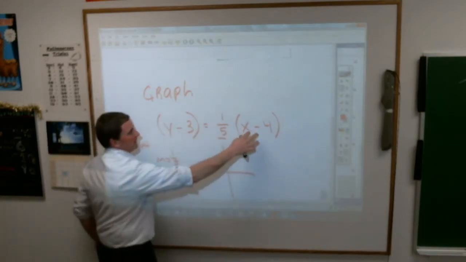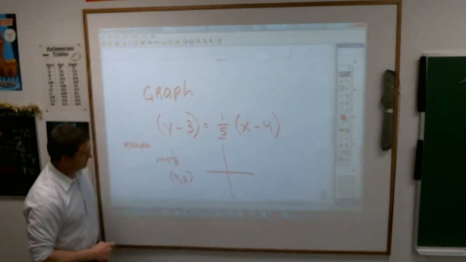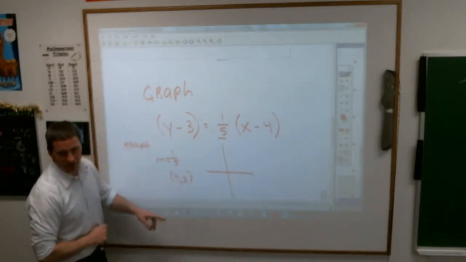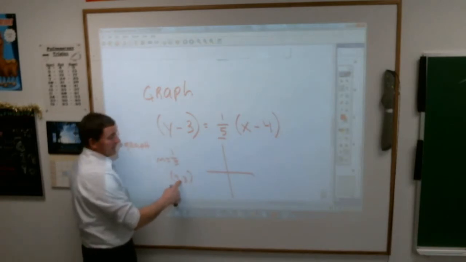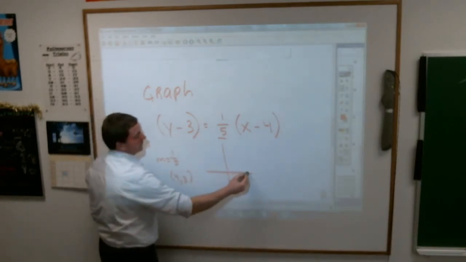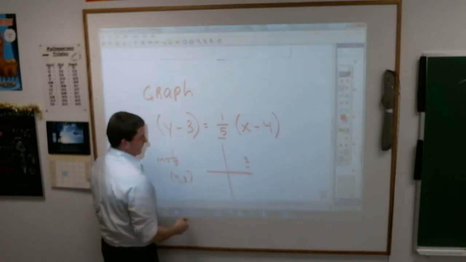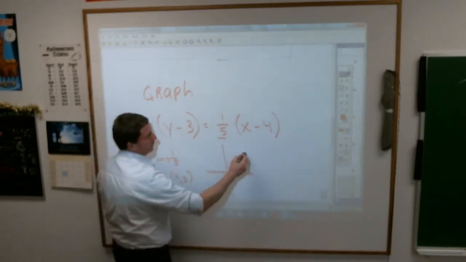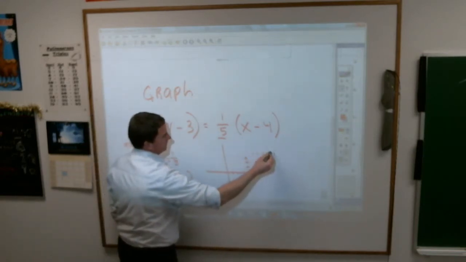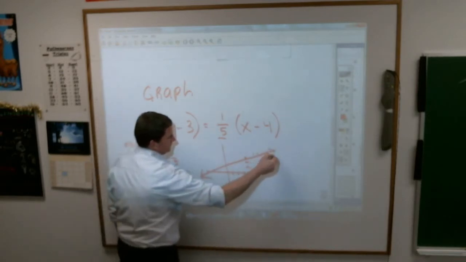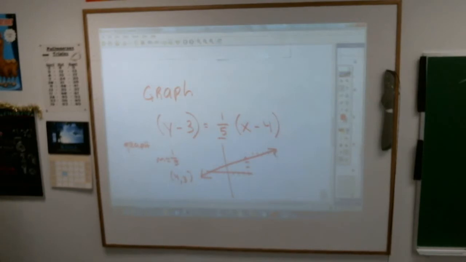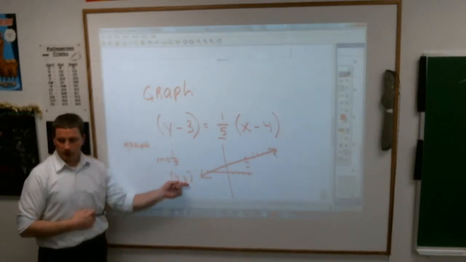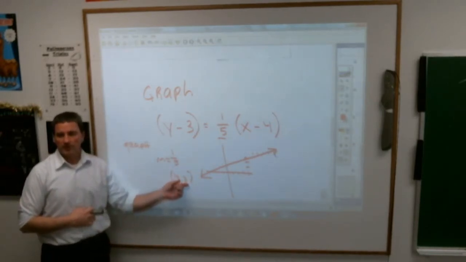So to graph this, you find the point (4, 3): 1, 2, 3, 4, up 3, and you know the slope is 1/5, up 1. I find this point first, then you do the slope.